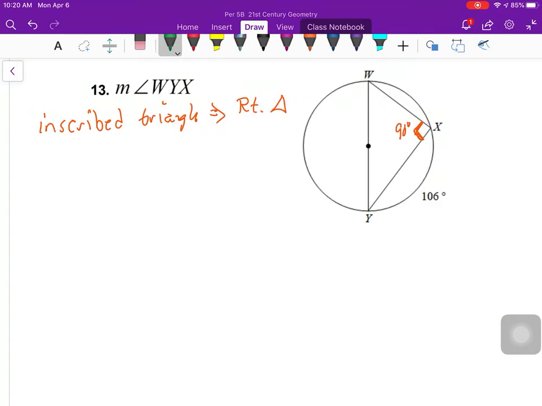But I'm looking for angle WYX. I don't want to use x this time because we already have x. So I'm looking for this one over here. I'm going to call that little a. I think we can find this arc right out here.